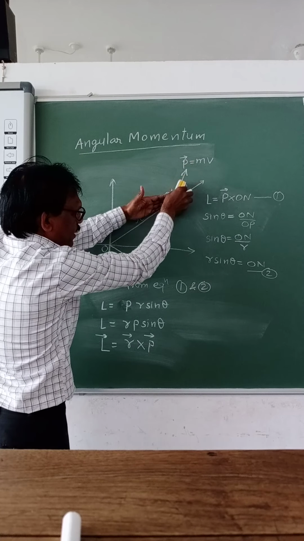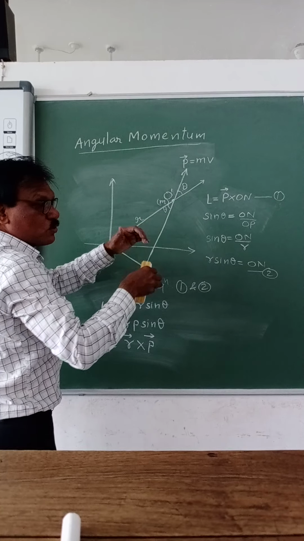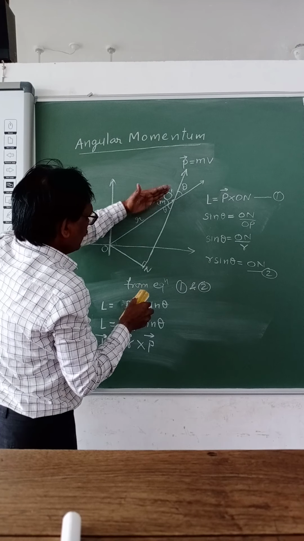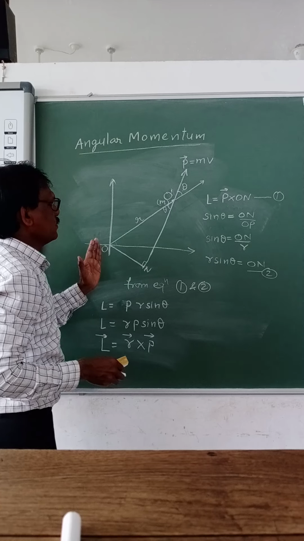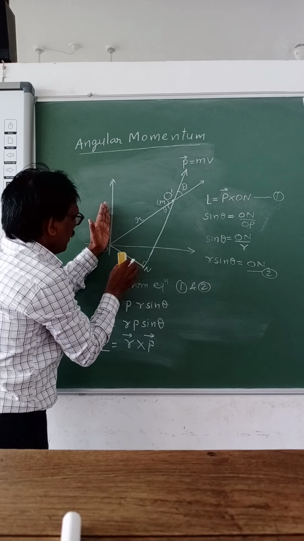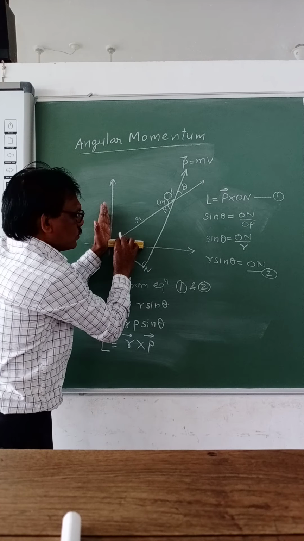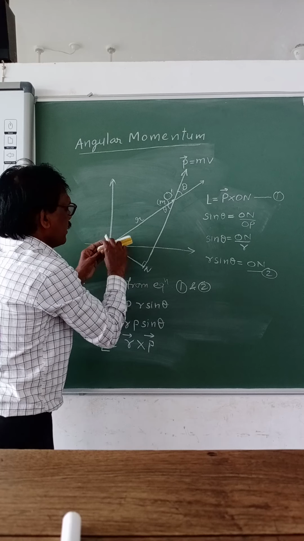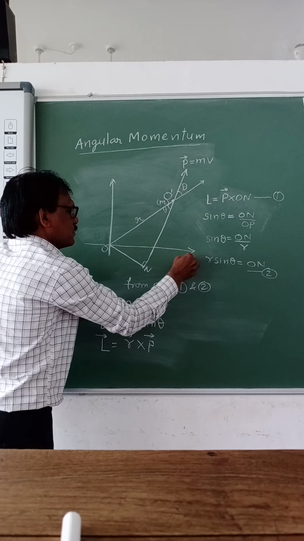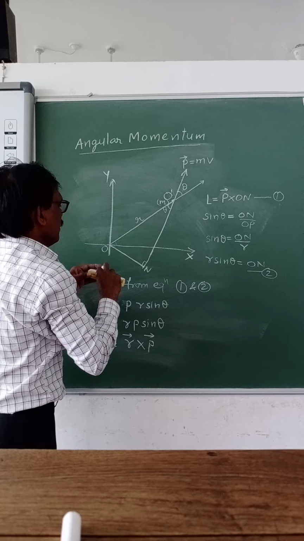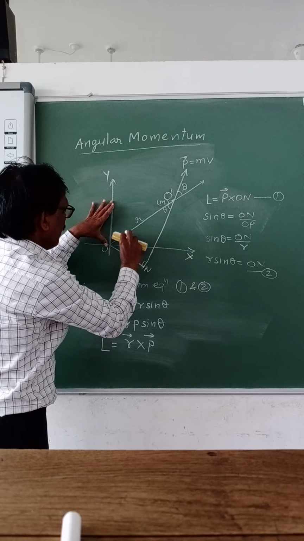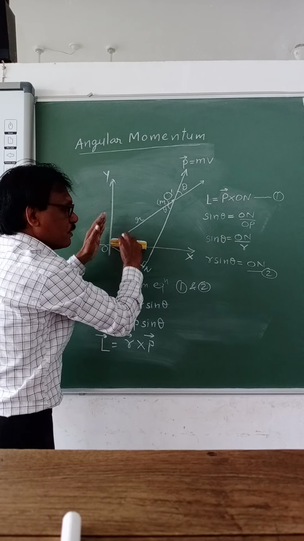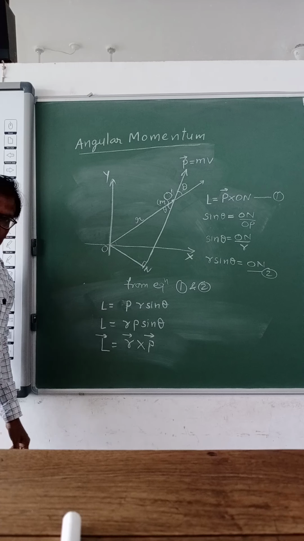Or if we apply P like this, the particle may rotate like this. Now suppose R is in this direction and you are applying force here, so the direction will come out. If it is the x axis, and this is the y axis, on the y axis when we apply force on the momentum vector, the direction will be perpendicular to this.